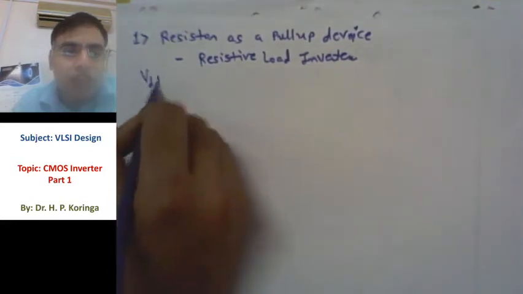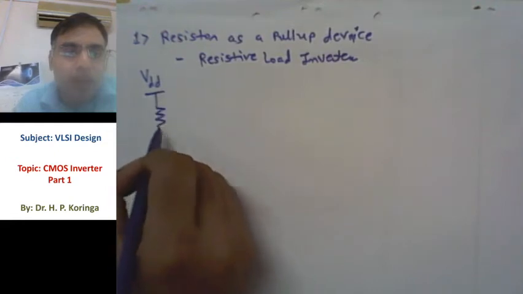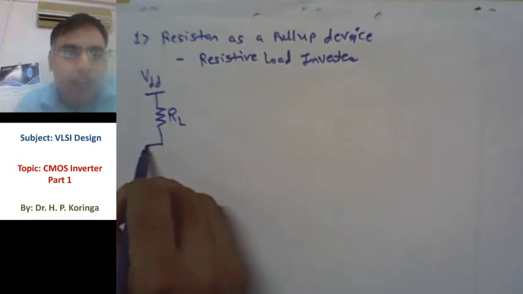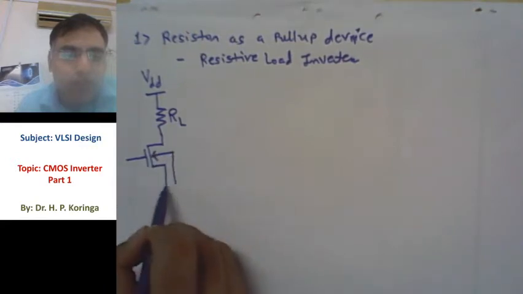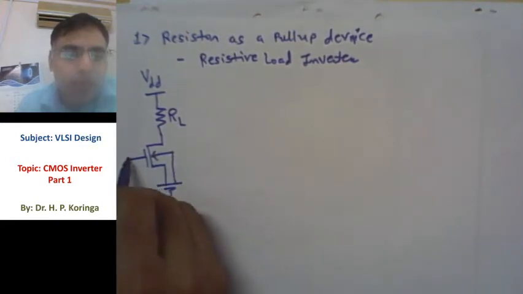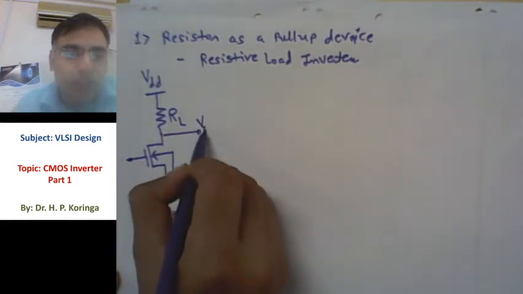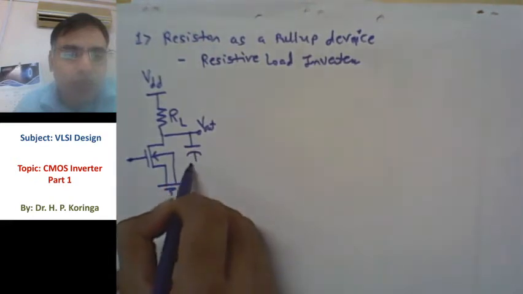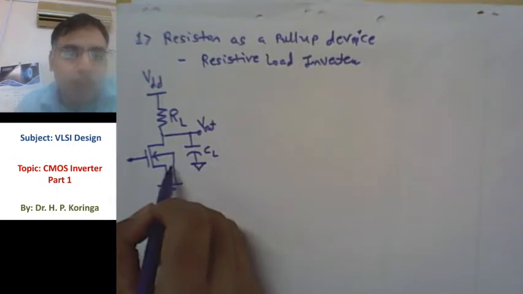So if you see the circuit, as a pull-up it is a simple passive load resistance, and as a driver it is an NMOS enhancement type MOSFET. It pulls up the output through the resistance and pulls down the load capacitor voltage through the driver MOSFET.